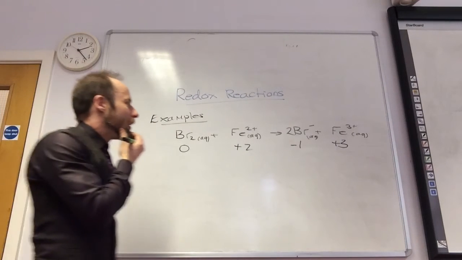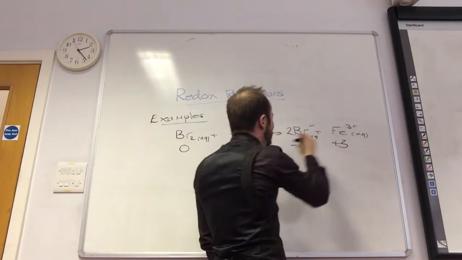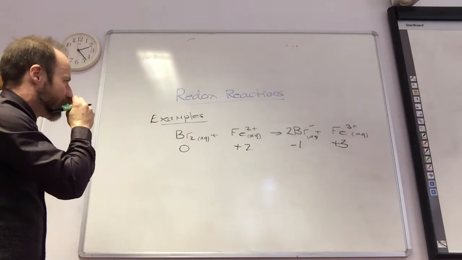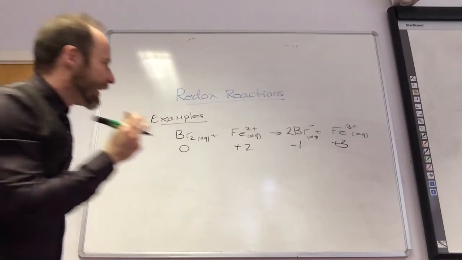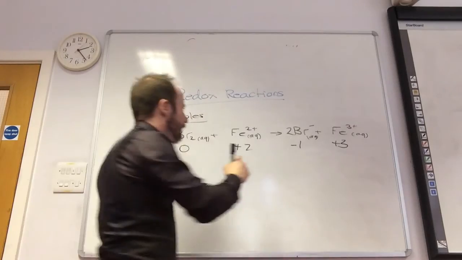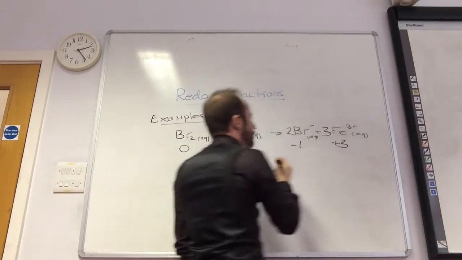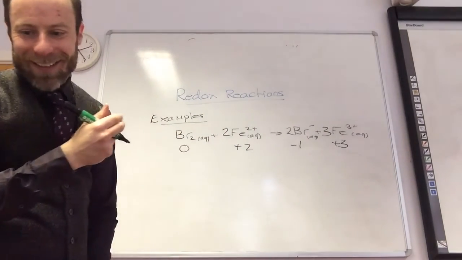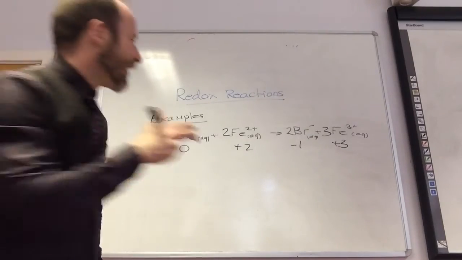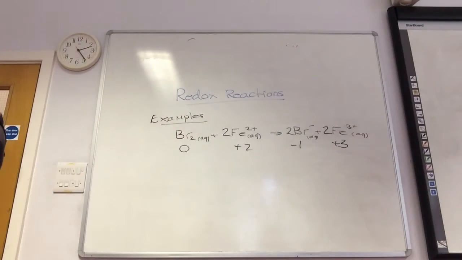So I have got +2 here and +3 there. Do I need to balance? You've got 2 bromide ions, so you've got -2, but I'm still lacking something. I need 2 of those and 2 of those, so that's +4 on each side.